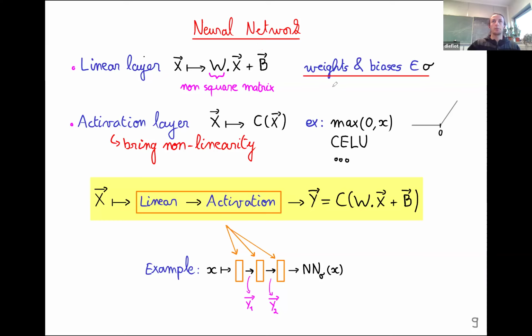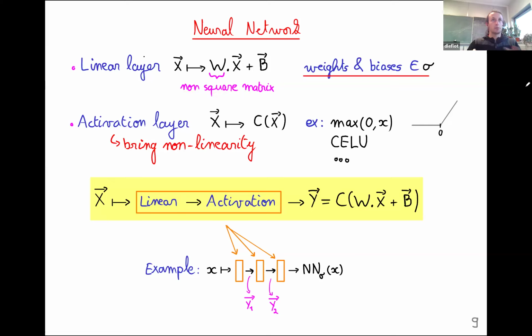The components of the weight matrix and bias matrix are what I previously called the tunable parameters. The input and the output of this layer can have different sizes, so the W matrix can be a non-square matrix.